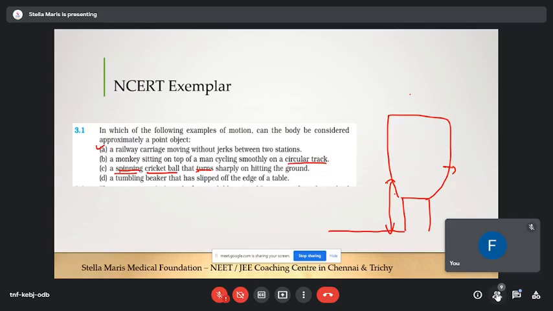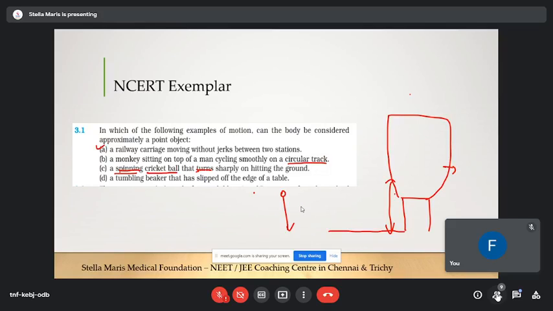So this is station 1, S1, and this is station 2, S2, and the railway carriage will be like this. This distance is larger than the carriage size, so it can be considered as a point object. Okay, so we'll go to the next point.